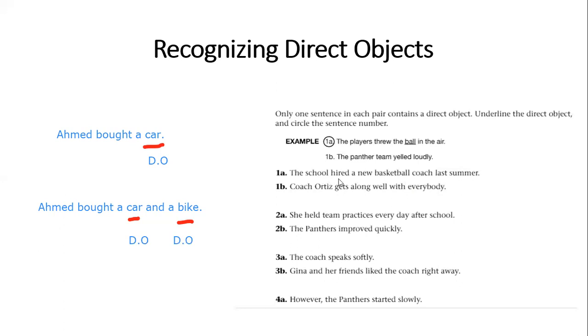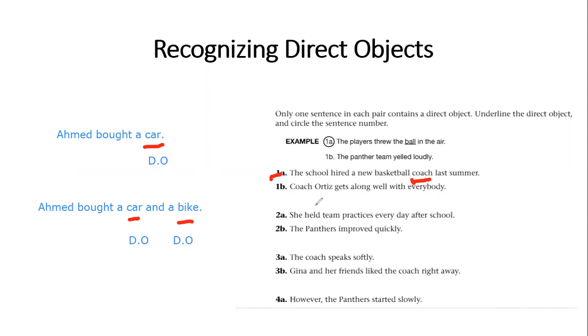They hired what? A coach. So we are going to choose the first one here. The direct object is coach. Let's see the next sentence. Coach Orts gets along well with everybody. No, there is no noun here. There is no direct object.